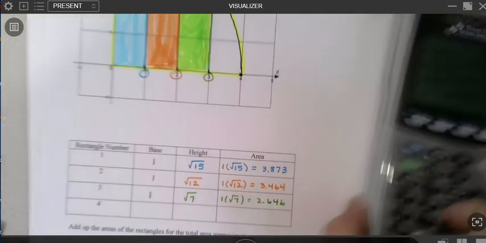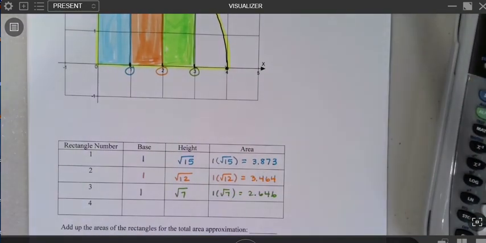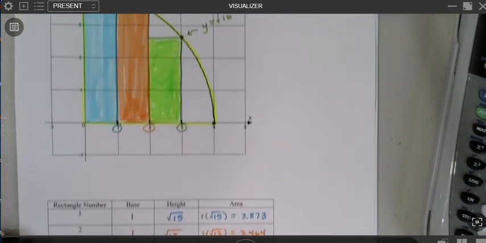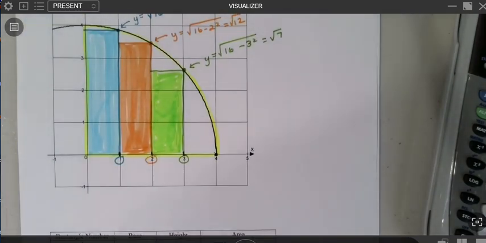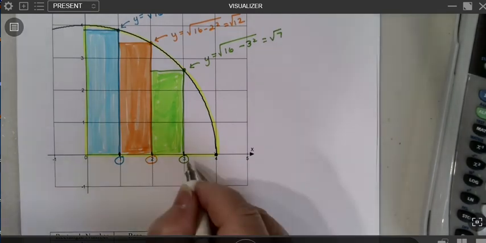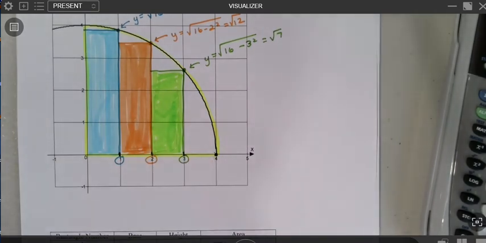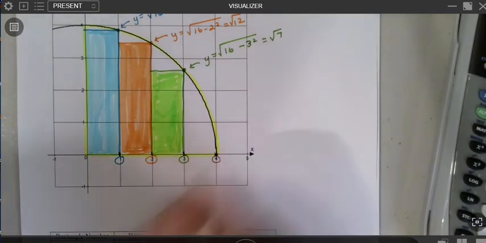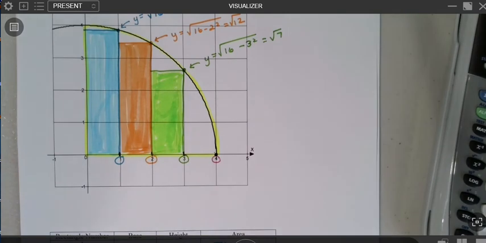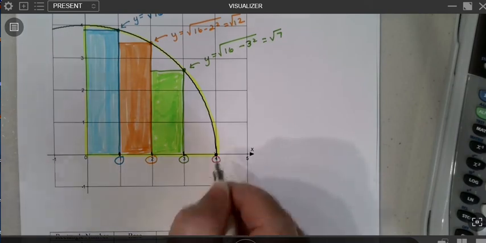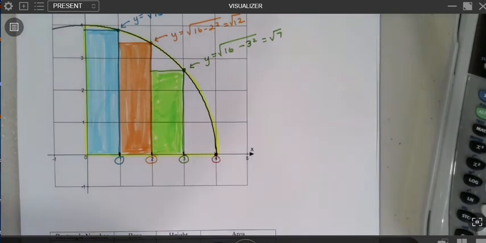And finally, this is actually the reason I was doing this much of this one. Look at what happens when you get to the fourth rectangle. The fourth rectangle would go from 3 to 4. And using right-hand endpoints, 4 is determining the height of the rectangle. But the actual value of the function there is 0.